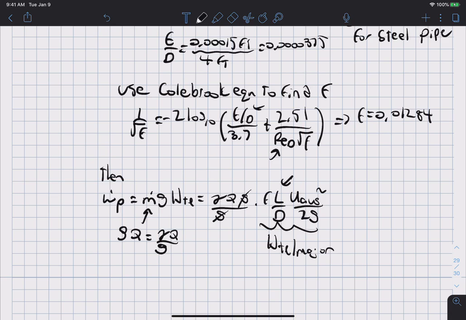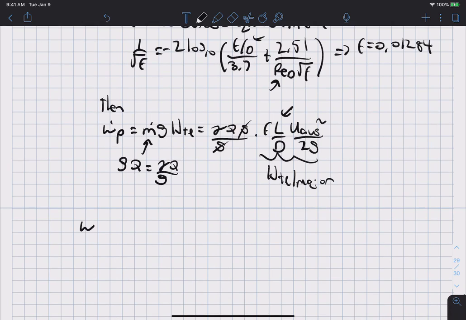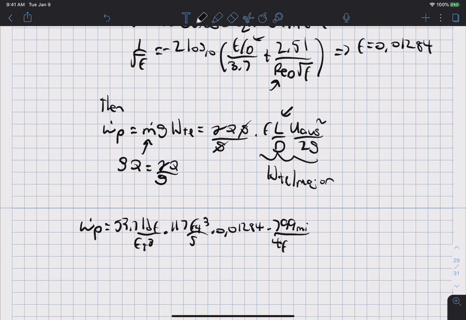We can now stick in the numbers. The required pumping power is gamma, 53.7 pound force per cubic foot, times the volumetric flow rate, 117 cubic feet per second, times f, 0.01284, times the length, 799 miles, divided by D, 4 feet, and I'm going to convert miles to feet.